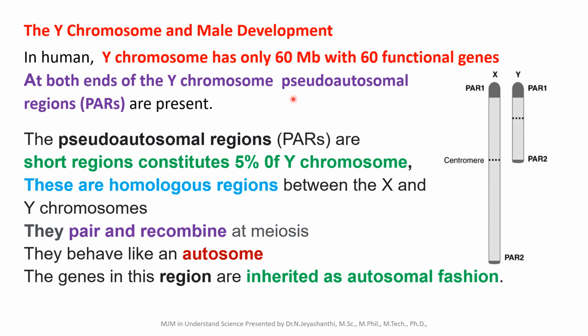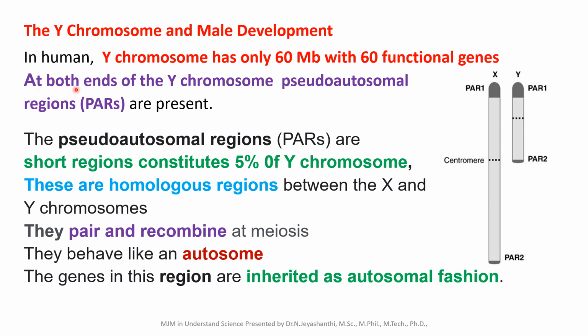What is meant by pseudo-autosomal region? Here, if you see, these regions are known as pseudo-autosomal regions. These regions are present in the sex chromosome, but they have characteristics of autosomes. So, they are named pseudo-autosomal regions.